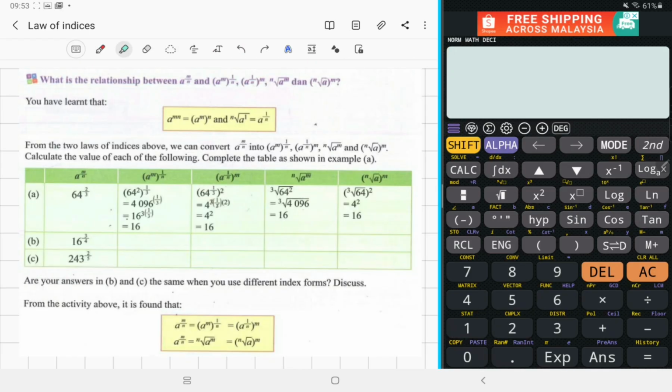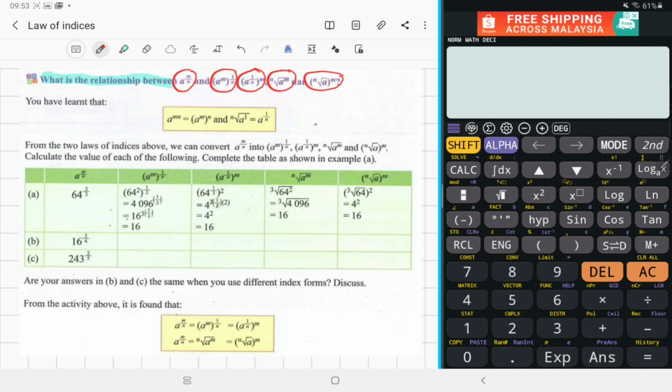Now we continue to look at the relationship between all these forms: a to the power of m over n, a to the power of m in brackets to the power of 1 over n, a to the power of 1 over n in brackets to the power of m, the nth root of a to the power of m, and the nth root of a in brackets to the power of m.